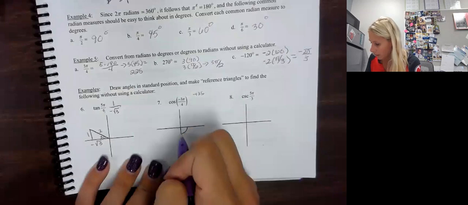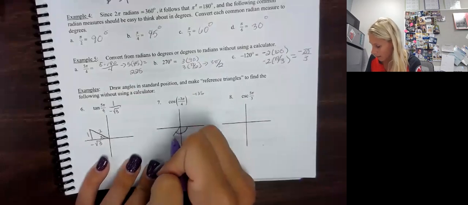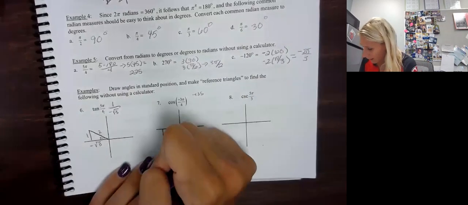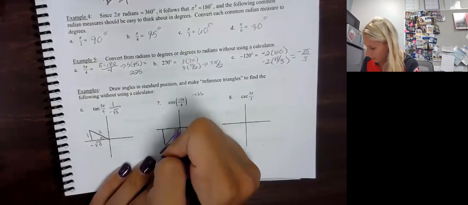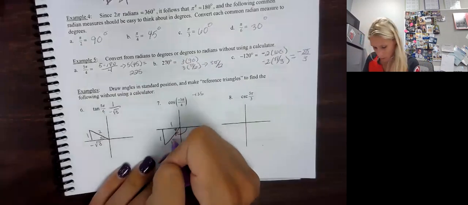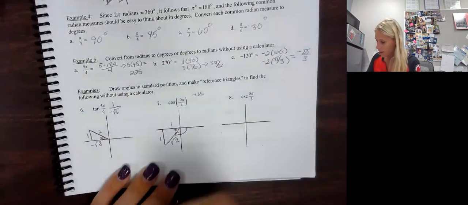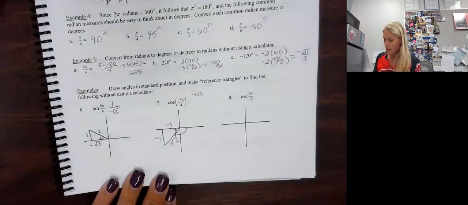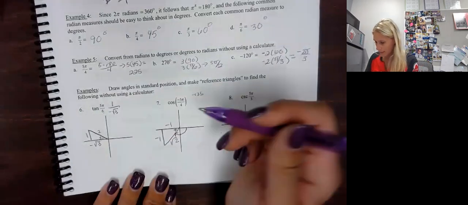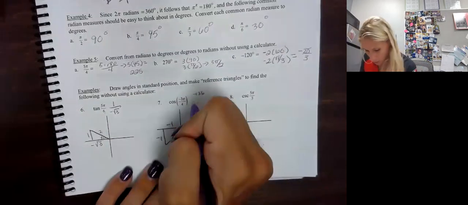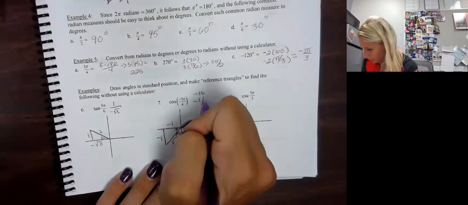This would be negative 180, so we're in here, which makes this a 45-degree angle. So we have 1, 1, square root of 2. We have this being negative and this being negative. Cosine is x over the radius, so that's negative 1 over the square root of 2.